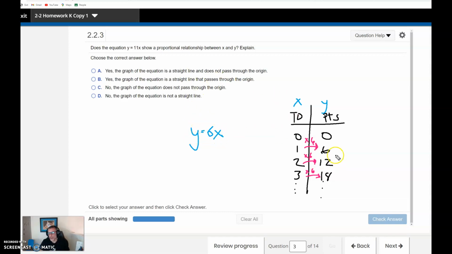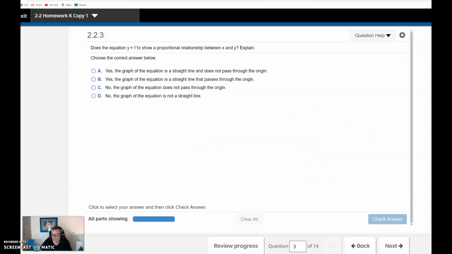All right? So the question here is, does the equation y equals 11x show a proportional relationship between x and y? And they're having you think about it in terms of a graph. Well, the answer is absolutely. So if I were to make a table for y is equal to 11x.